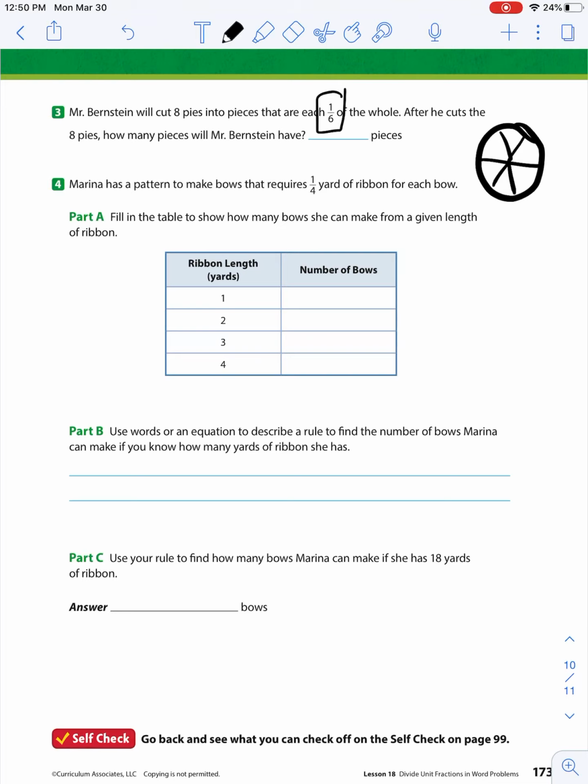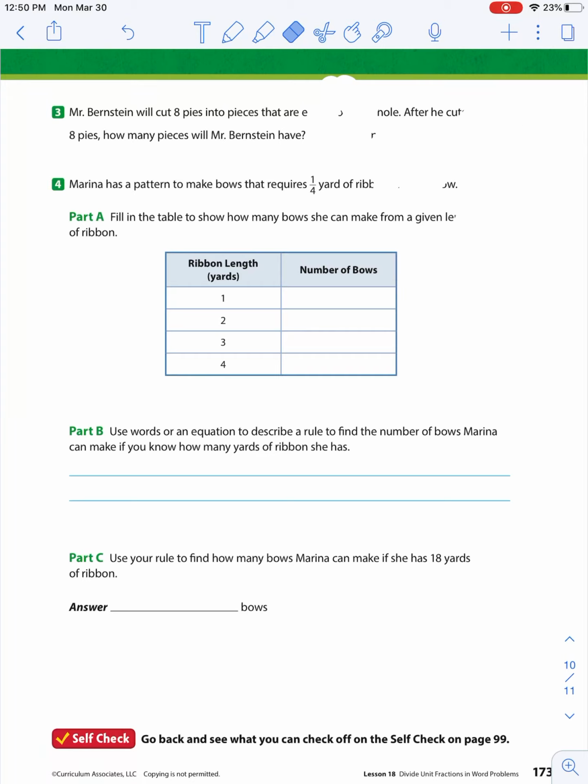So that would be 8 times 6, right? After he cuts the 8 pies, how many pieces will Mr. Bernstein have? I think I just figured that out by my picture. So 8 cut up into 1/6 should equal 48 pieces. Let's keep, let's change, and let's flip. Ta-da!